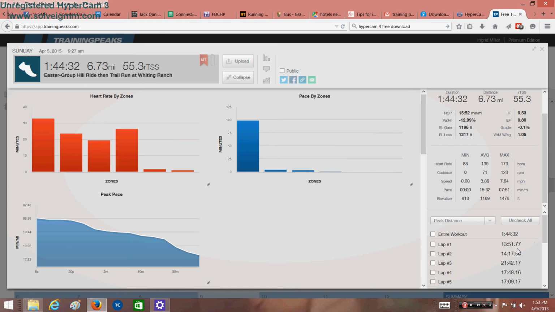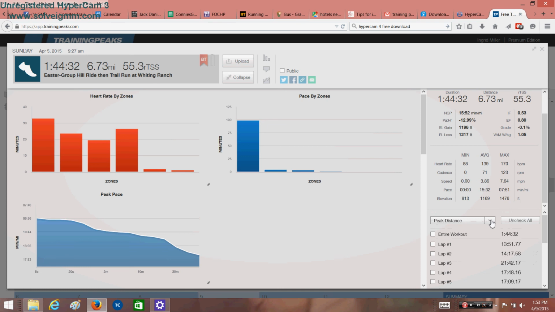If you're working at T pace, which is threshold pace, let's say that is supposed to be a 9.5-minute mile, then you would look and go, did I hit 9.5 minutes for that first mile, for the second mile, for the third mile? I think that's about it.